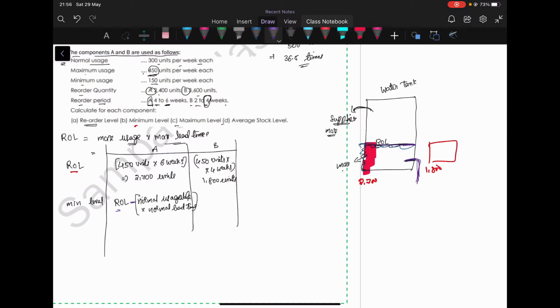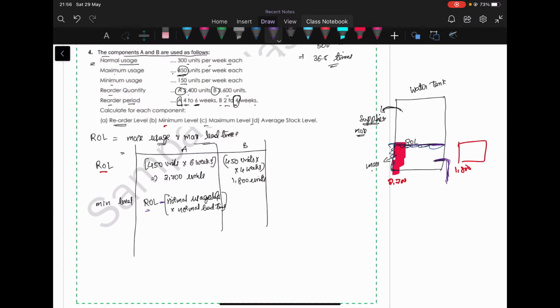Normal usage or average usage, both are same. Normal usage into normal time. What is the normal time? Minimum plus maximum divided by 2 is the normal lead time.